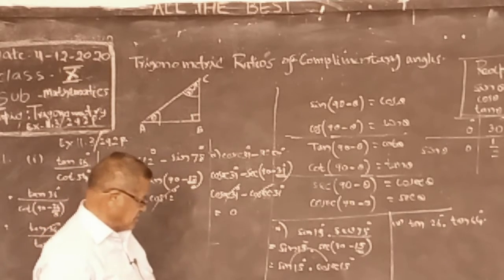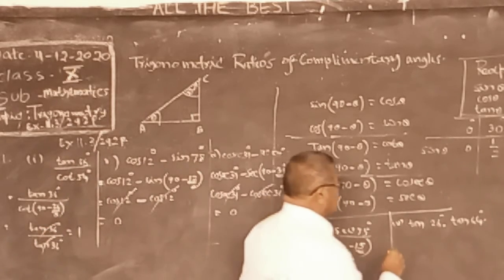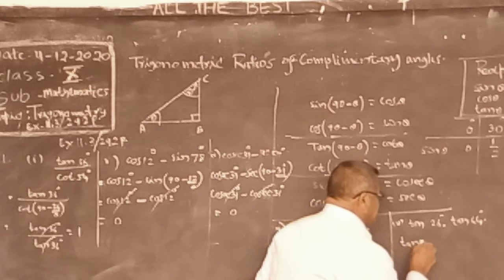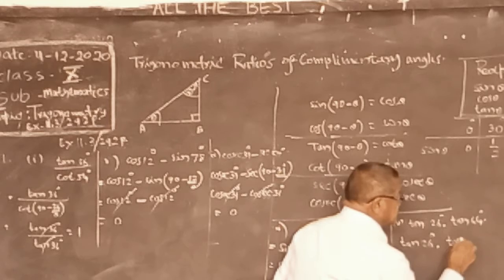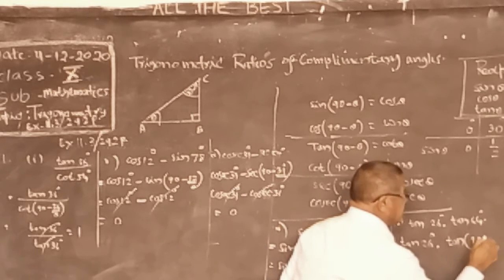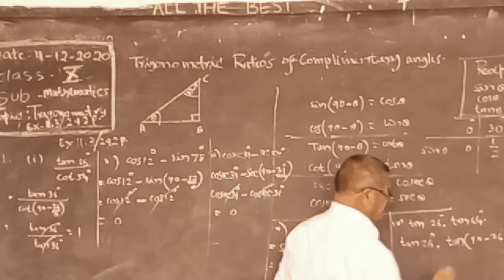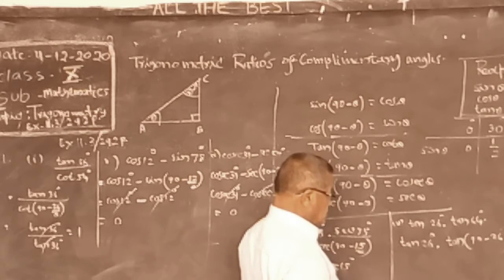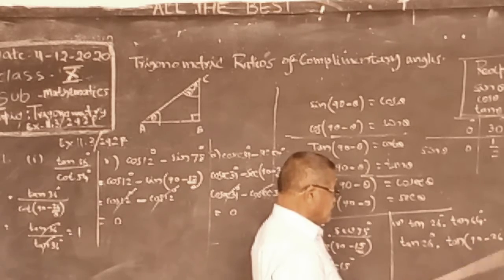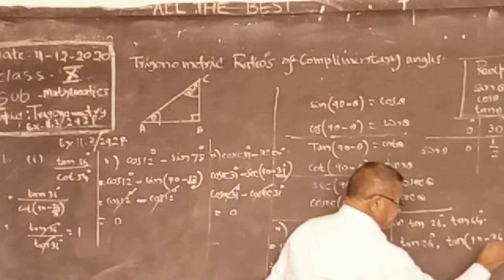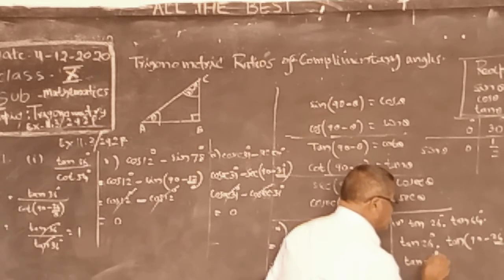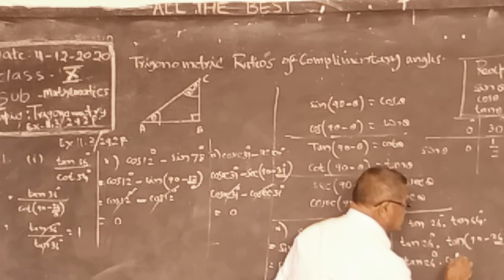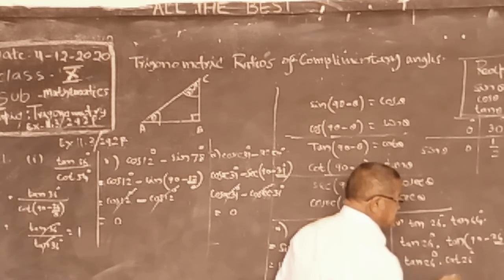Like this. Now here tan 26 degrees into tan 64 can be written as tan of 90 minus 26. 64 can be written as 90 minus 26, and this is theta. So tan 26 degrees into this finally becomes cot 26 degrees.